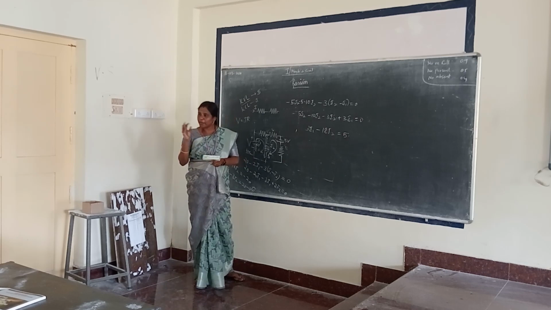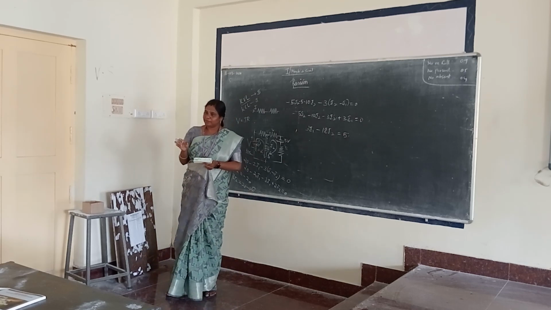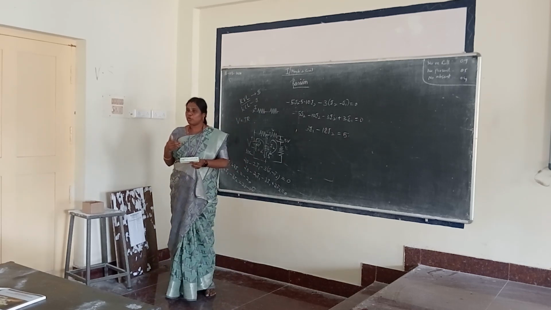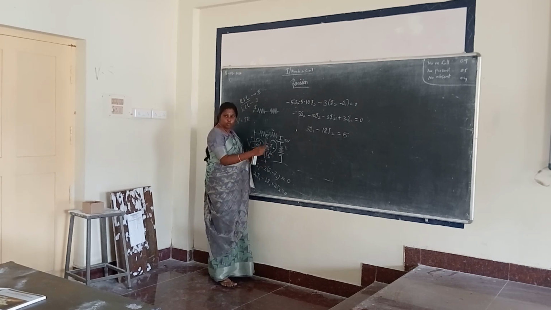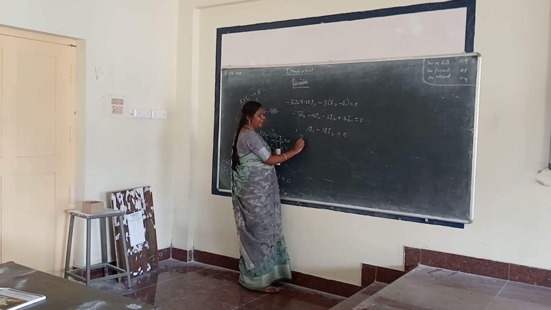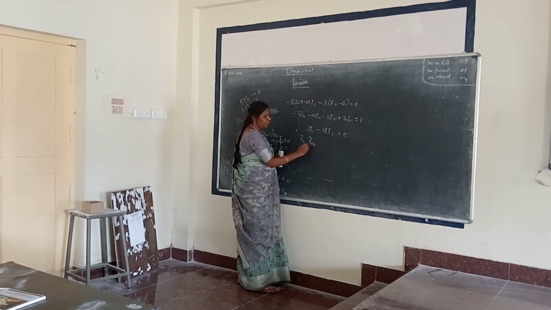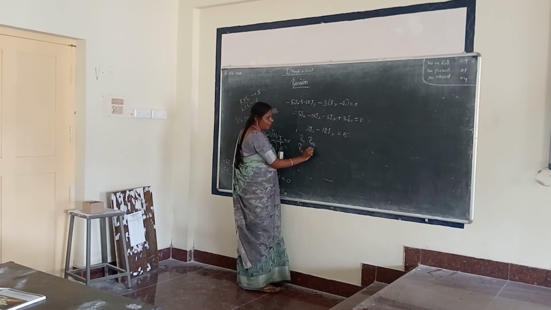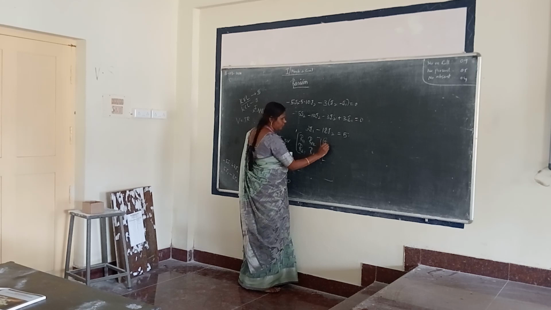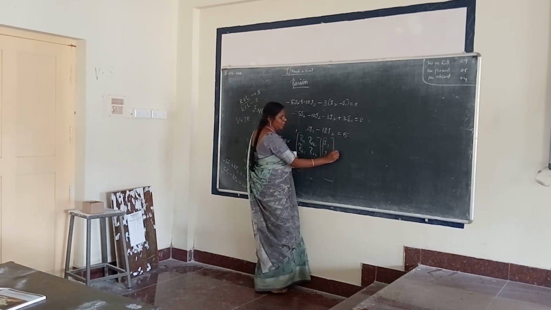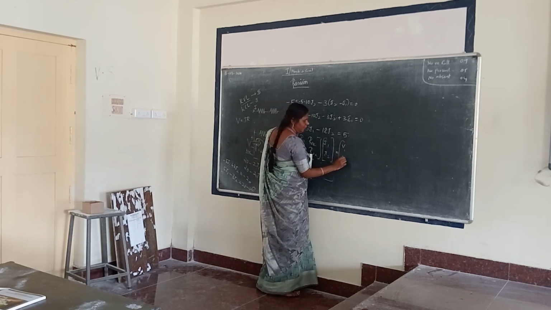This is the normal equation method. There is one more method, which is known as the inspection method. What is the formula for the inspection method? I have only 2 loops, so in the inspection method you will have R11, R12, R21, R22 into I1, I2 is equal to V1, V2.